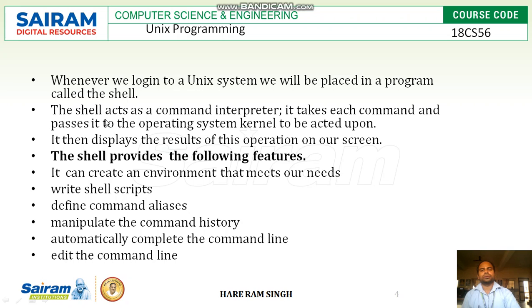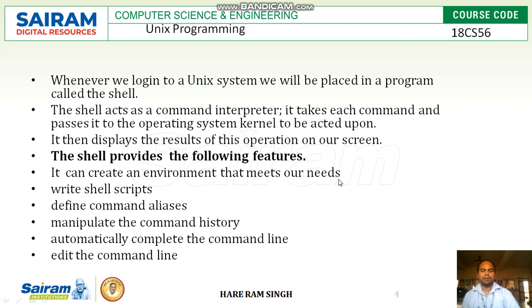It then displays the results. So the shell takes the command and sends it to the kernel, and then displays the results of this operation on our screen. The kernel executes those commands and displays them on the screen. The shell has some other features.